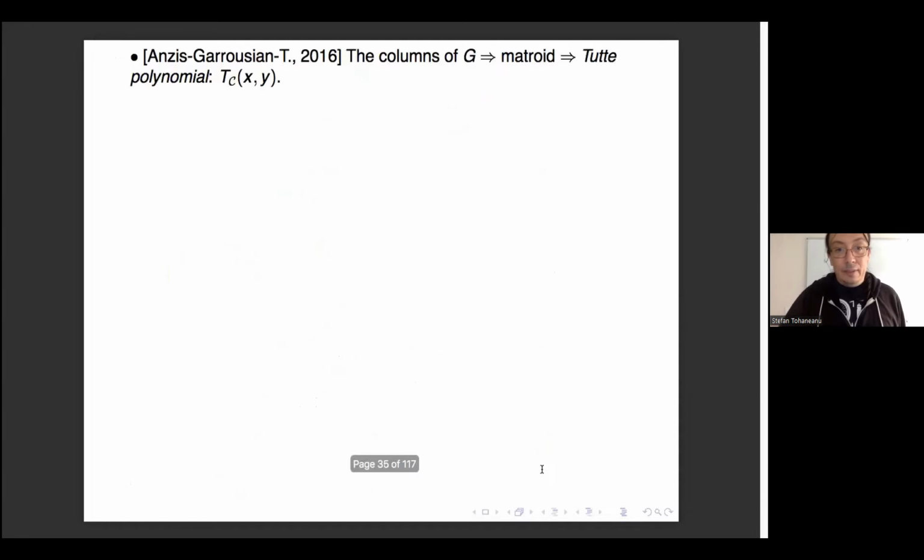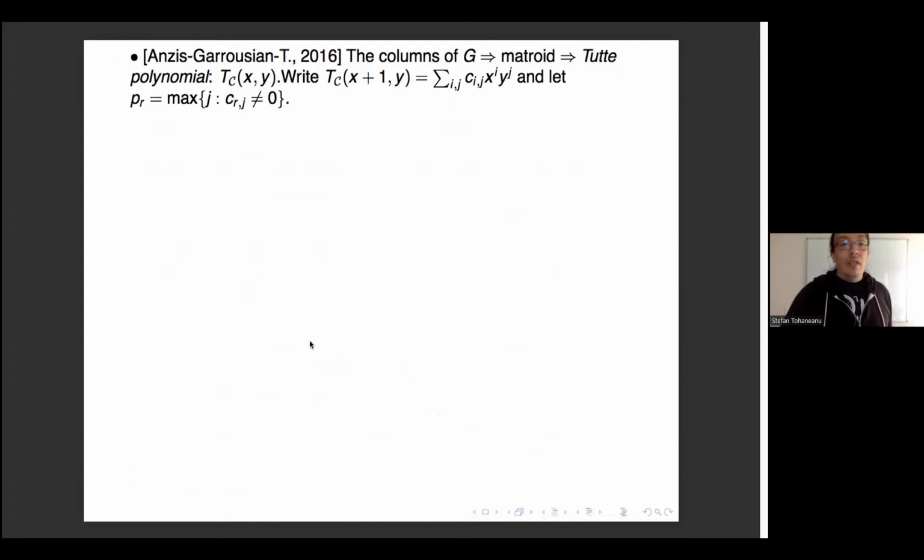Okay, I said that we're not going to check, but check. When we have a matrix, from the columns we can build a matroid, which is a very strong combinatorial gadget. And to this matroid, we associate what is called the Tutte polynomial.